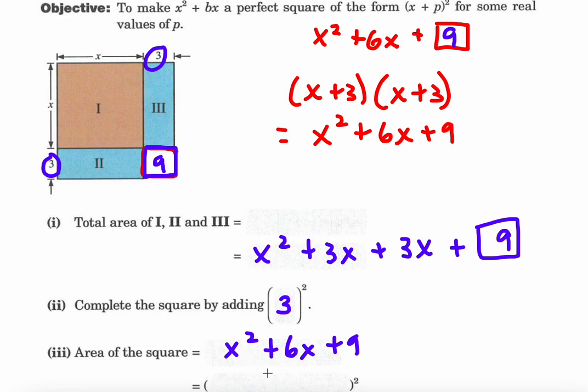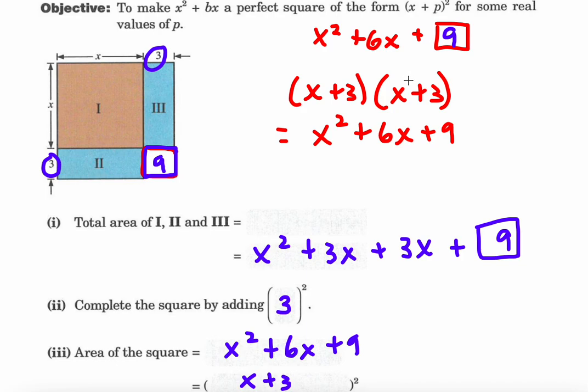And then I could figure out the perfect square, because this is a special product, x plus 3 squared. Okay, so I need to figure out what I need to get to.